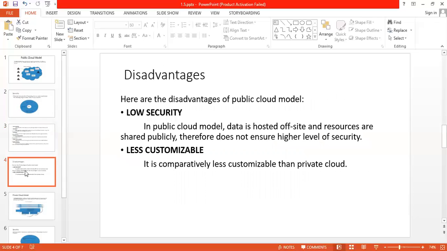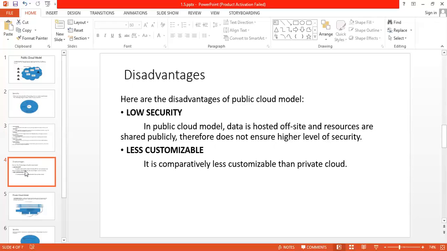So these are some advantages. But with advantages, there are some disadvantages also. We can easily guess what the disadvantage of public cloud will be. The first one is low security. Obviously, because the public cloud model is used by all the users, and as it has low cost, it is scalable.